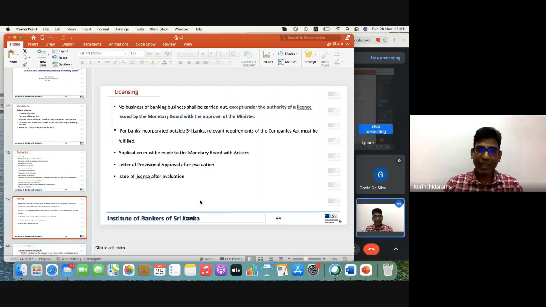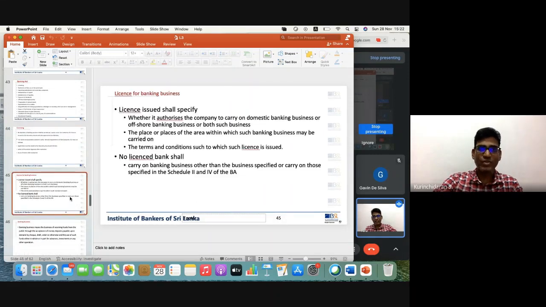And then after evaluation, you will get a license, right? It's a licensing mechanism. If anybody wants to start a bank, they will go through this procedure.